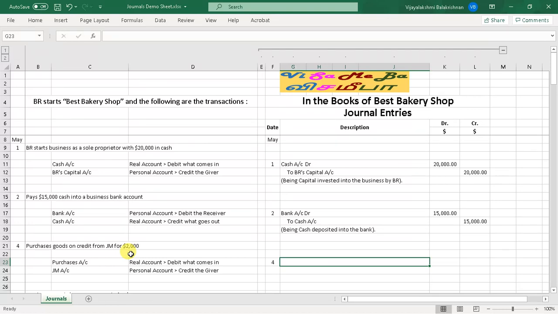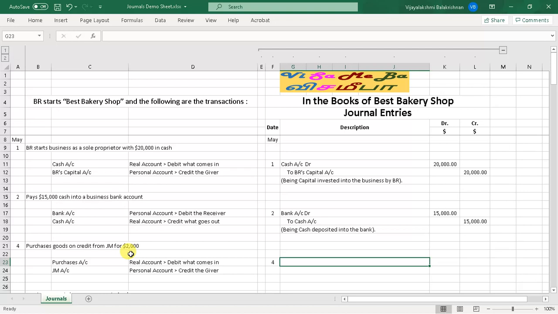When you buy goods for resale, it comes under purchases. So purchases is when goods are coming into the business, so it's a real account, so debit what comes in. And JM is a personal account, and he is giving the goods, but he's not receiving the cash back. So personal account, credit the giver.